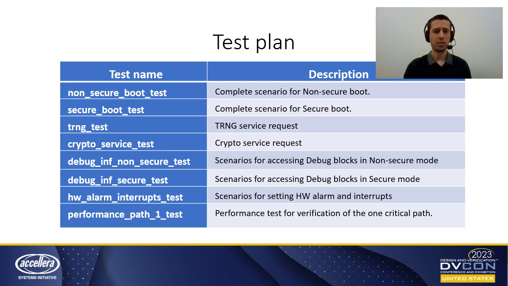One test is related to the non-secure and the other to the secure mode of operation, and we'll see what the difference is. The tests that follow are the hardware alarm and interrupt test, so we'll see why we need to check this feature as well.